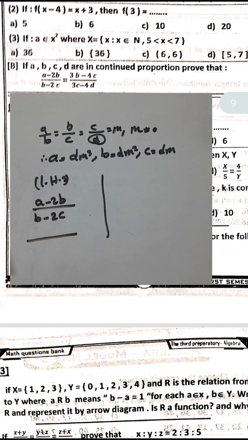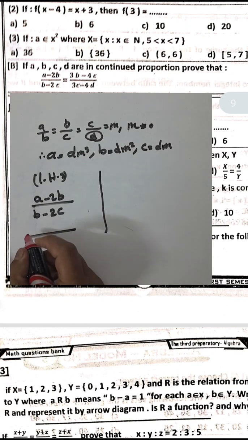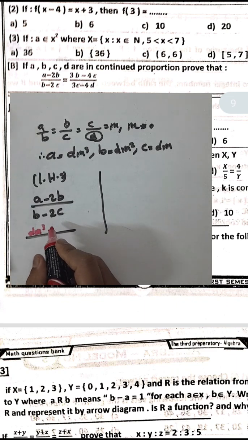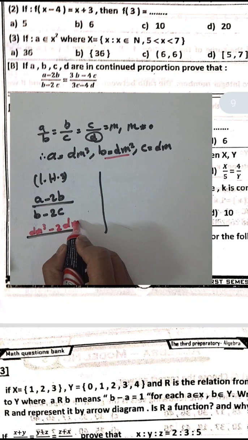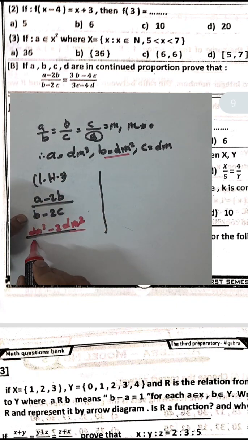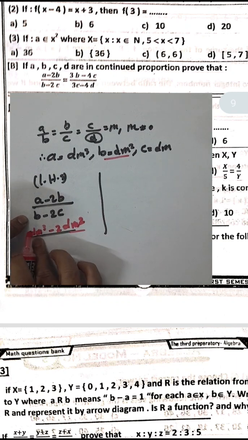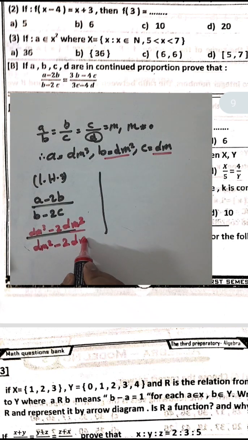Now we put the value of a, it will be d m power 3 subtract 2 times b, d m power 2, over b, which is d m power 2, subtract 2 product by c, d m.